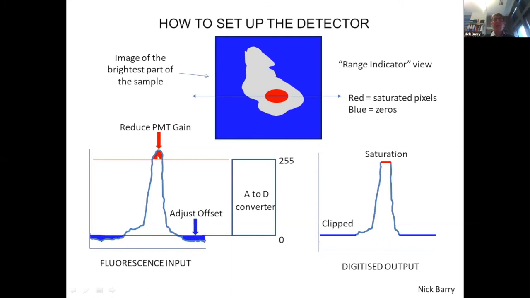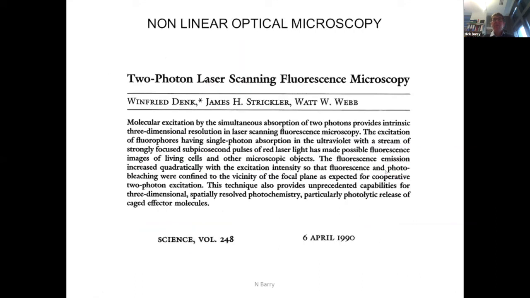If you have too much laser light on or too much gain on your detector, it just clips it off flat at the top there. So this is a bad situation because you cannot recover the information about, say, this peak or down here in the feet from a saturated image.